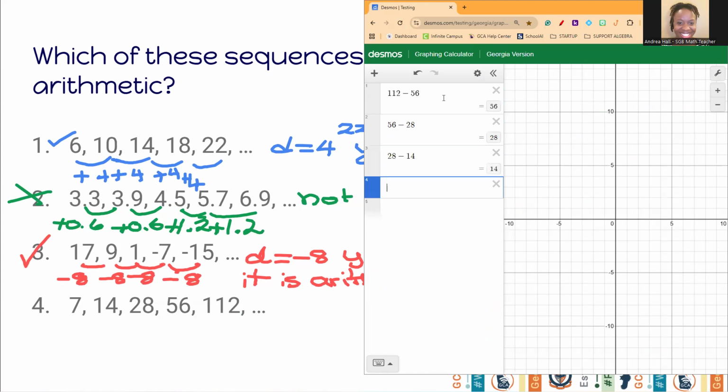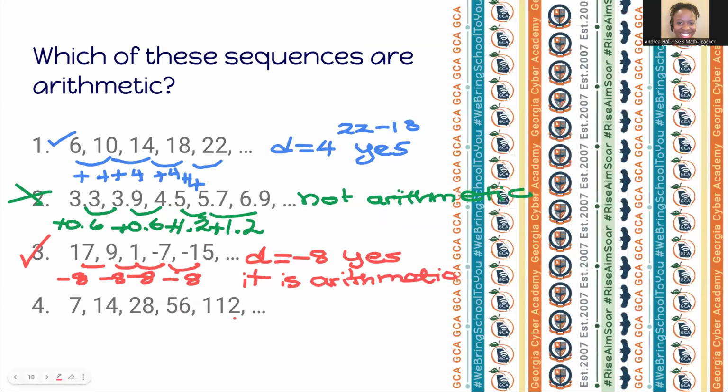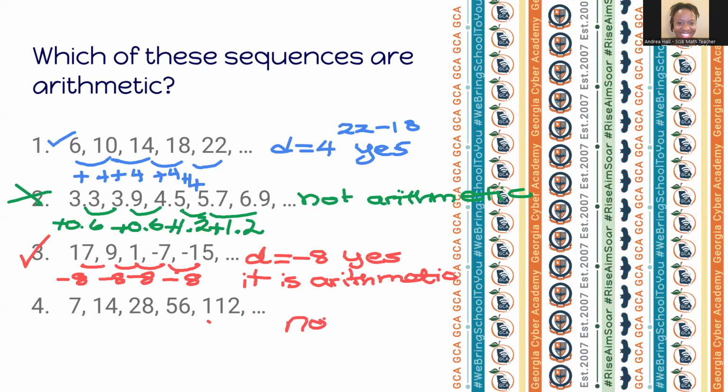We already know this is not arithmetic. And then 14 minus 7. We already know that is not arithmetic. So we can just say not for this last one because it doesn't have the same common difference. That's 7. That's 14. Okay, that was 28. So we already know.